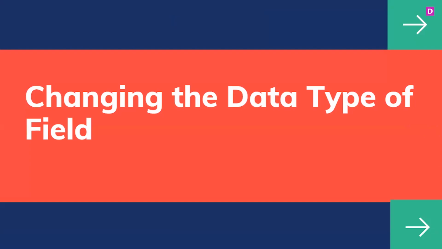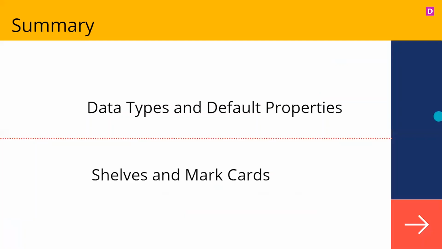So we have come to the end of the session, wherein we discussed completely the different types of data types which are available in Tableau. We looked into the importance of a data type and how you can associate a type to the corresponding data. And also we looked into how we can change the data type for a specific field, and also how to change your default properties.